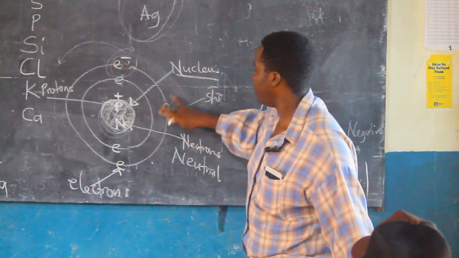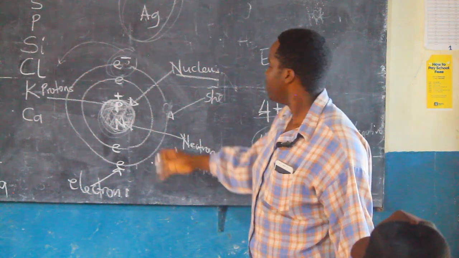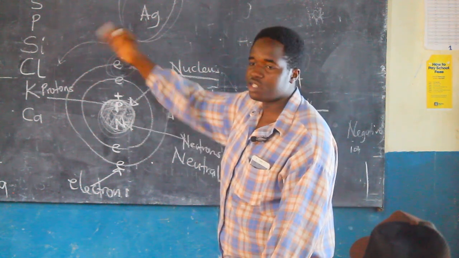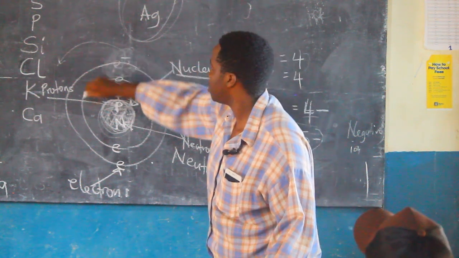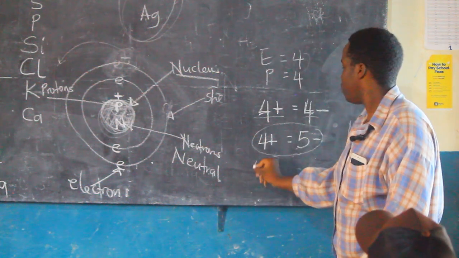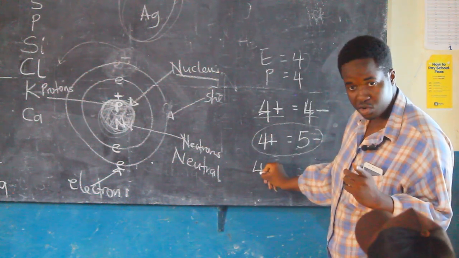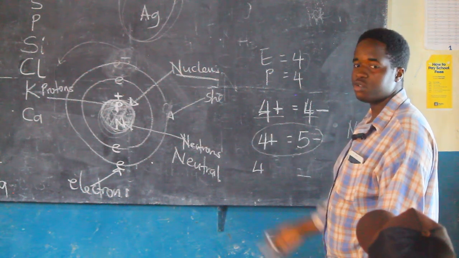How about if, back to original, 4 positives and 4 negatives, this atom then donates instead? The number of protons does not change. If you change the number of protons, that means the protons moved.